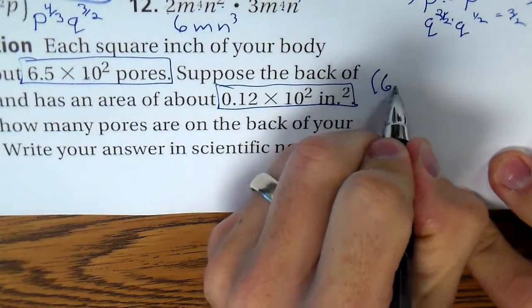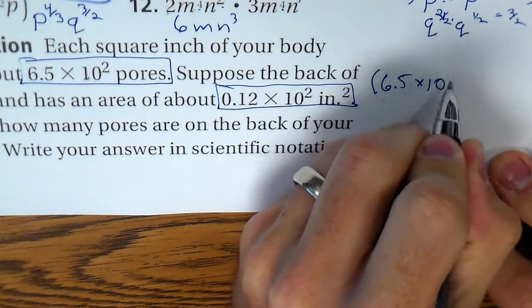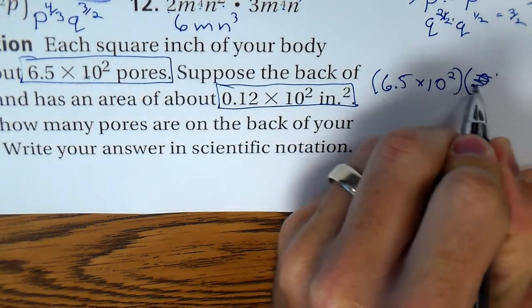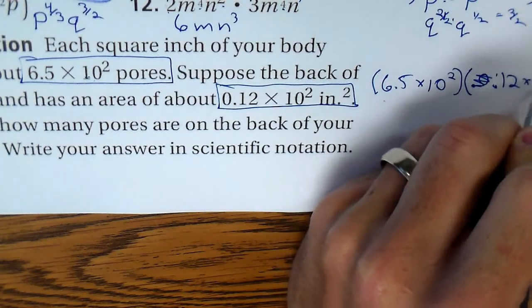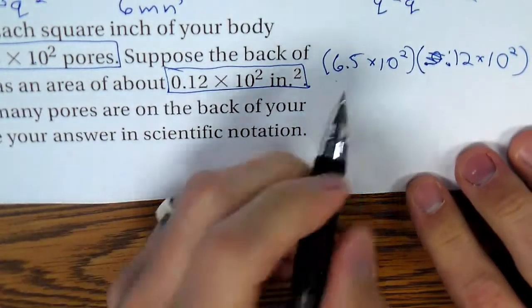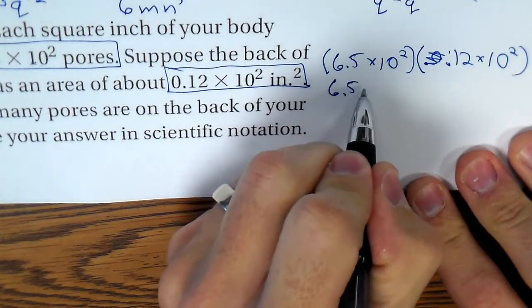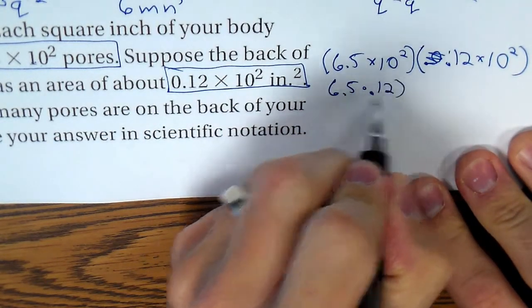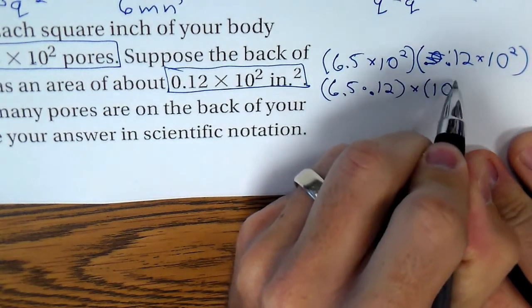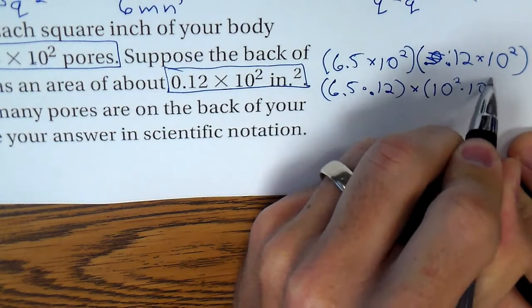So I'm going to do 6.5 times 10 to the second times 0.12 times 10 to the second. So just as above, it's the same idea. I'm going to do 6.5 times 0.12, and then I have times 10 squared times 10 squared.